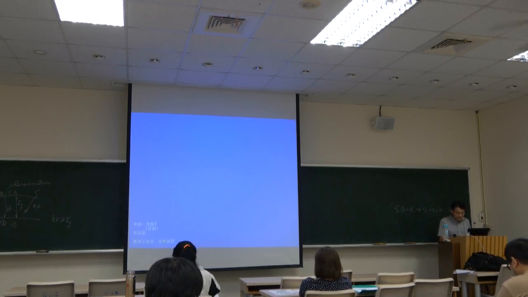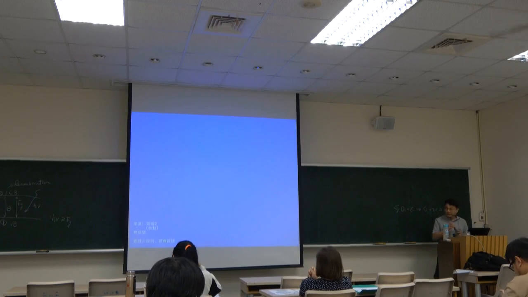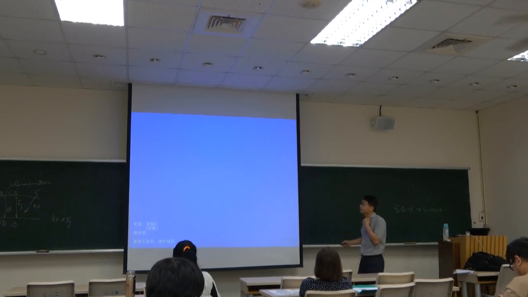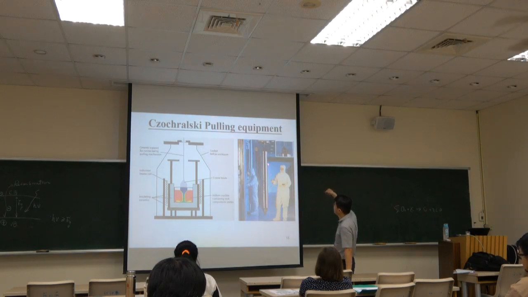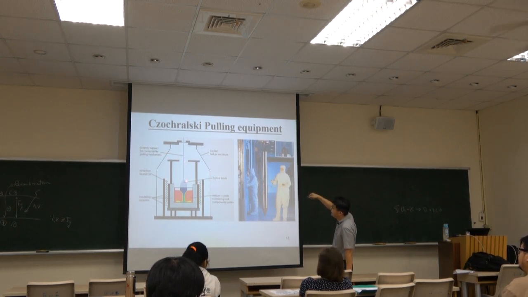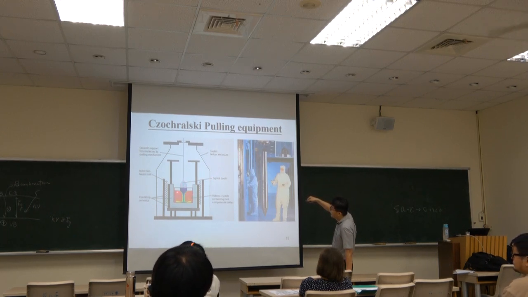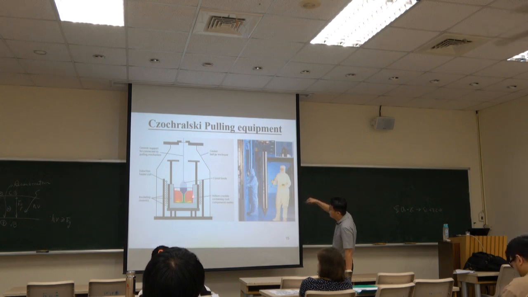The size of the Czochralski furnace will look like that. It looks like you have a ceramic support connecting the seed. Inside you have the crucible, and there is a molten state of the silicon.